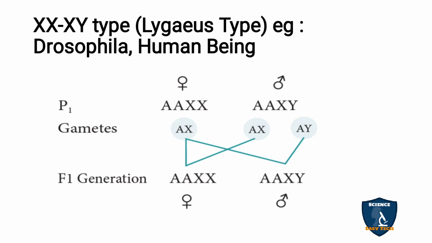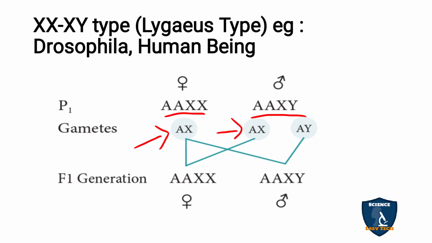XX-XY type, the Lygaeus type. Examples are Drosophila and human beings. The two parents, male and female, are crossed: AA, XX is the female parent, crossed with AA, XY of the male parent.